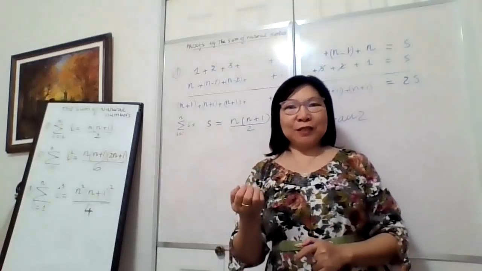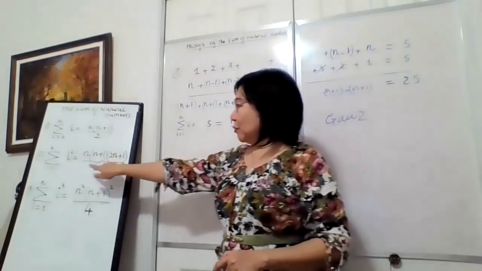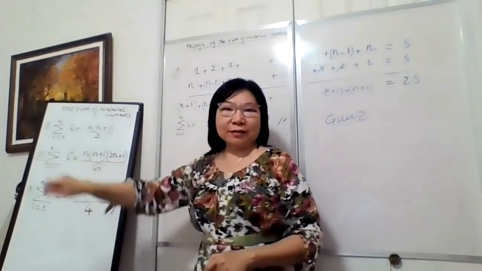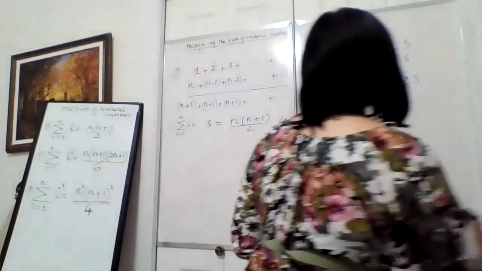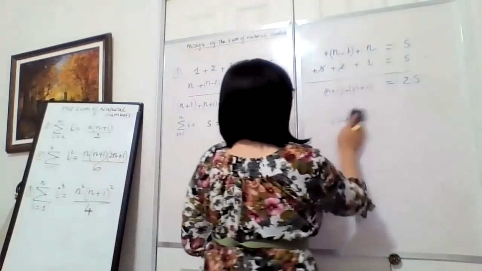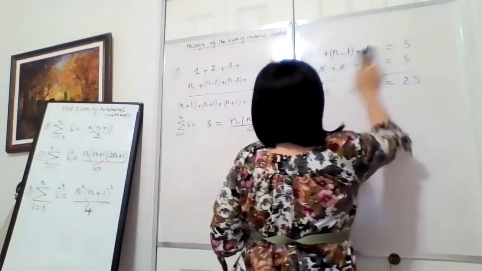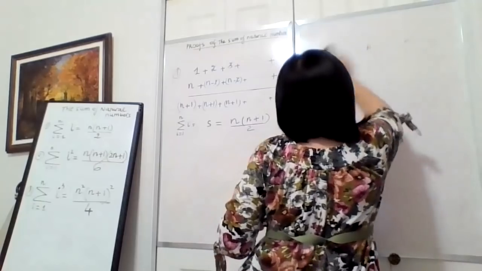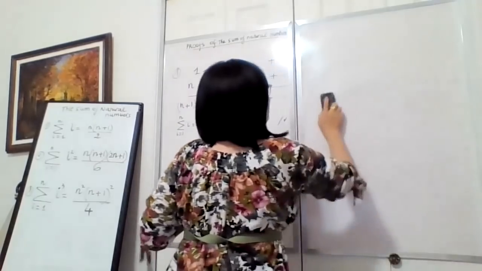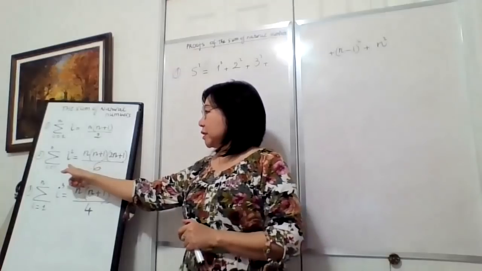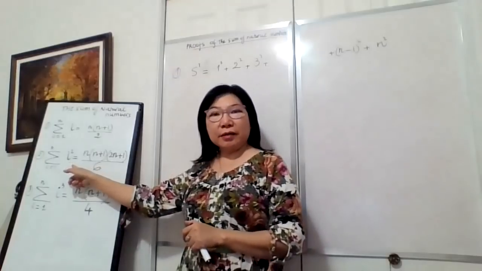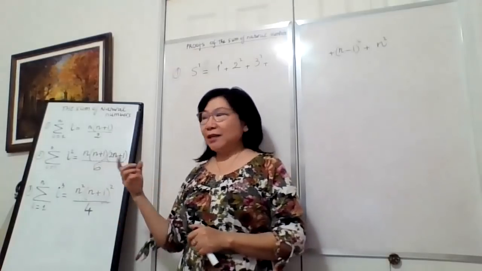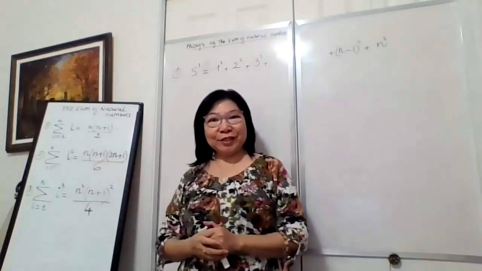Now I'm going to go to the second proof, which is i squared. Okay, so let me erase this so that we have room to do it. And so the sum of the natural squares is equal to this expression.